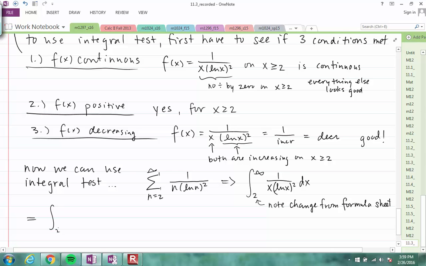I'm going to write it out with limit notation. Limit as t goes to infinity of the integral from 2 to t, and I'm going to write this a little differently, as 1 over x times ln x to the negative 2. If you didn't see it before, hopefully you see it here, this is just an easy u-sub. With u equal to ln x, du is 1 over x dx.